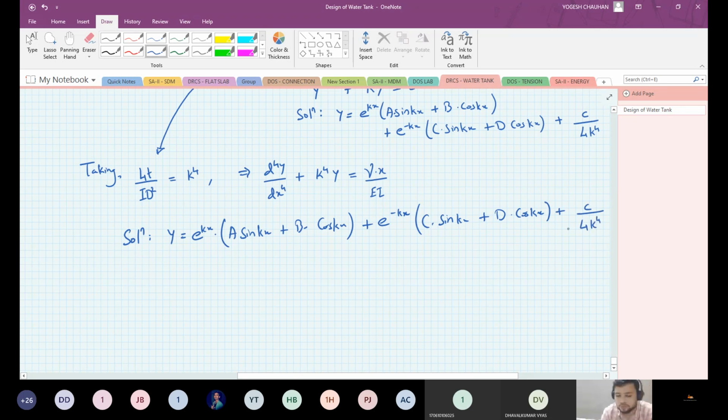So this is the solution. Now to solve this, we need four boundary conditions because we have four unknowns.